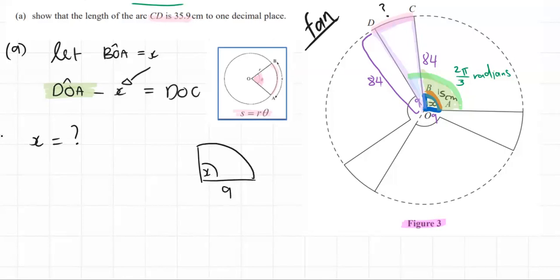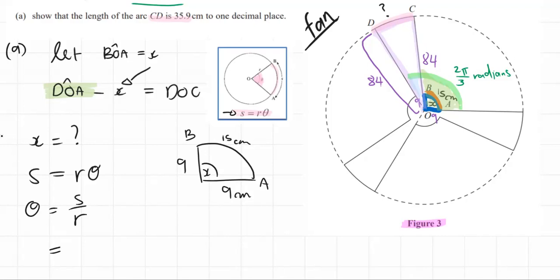And we know that these radii are 9, and we know that BA is 15 centimeters. So if we take this arc length formula and reverse it, if S is equal to R theta, then theta is equal to S over R. Divide both sides by R.